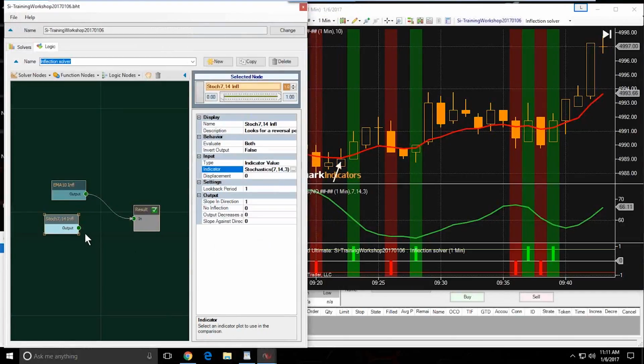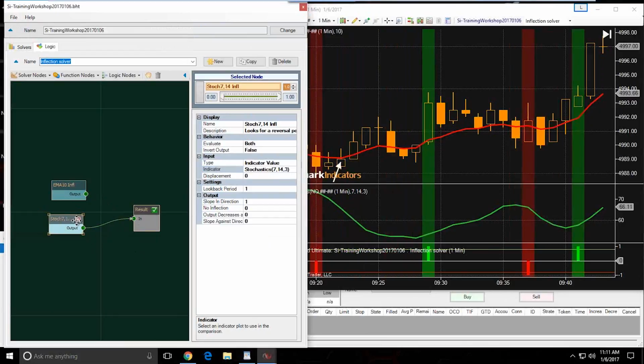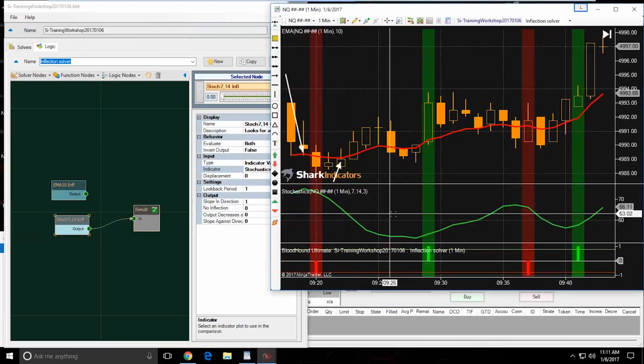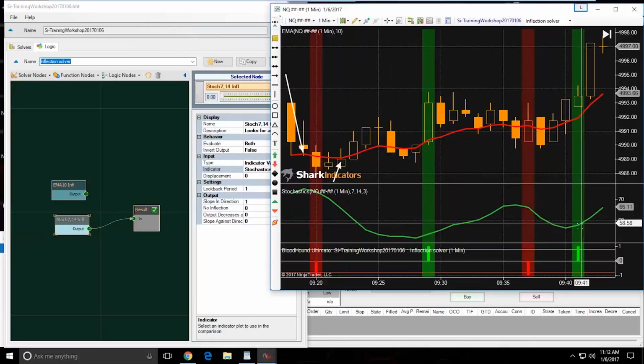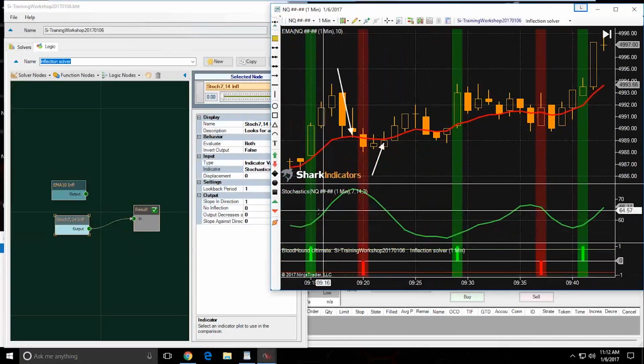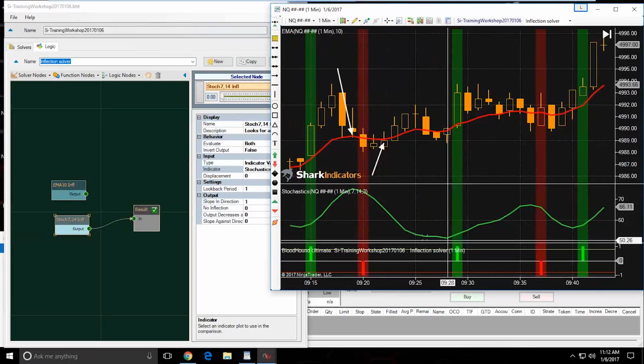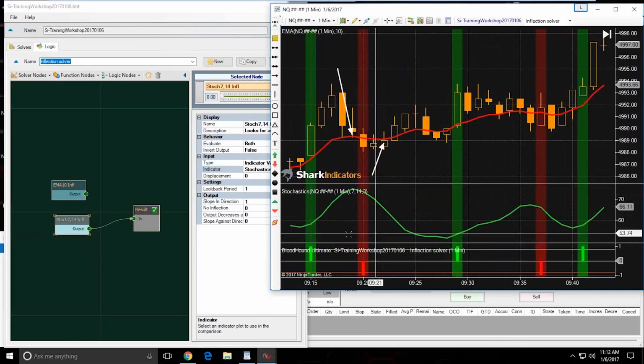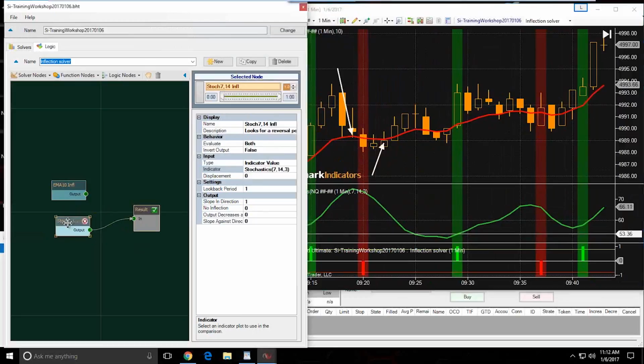I guess I'll find out soon enough, won't I? Let's plug this in, and yeah, that looks correct. You can see as the stochastic reverses down and then reverses up and reverses down, we're getting the inflection points identified for us.